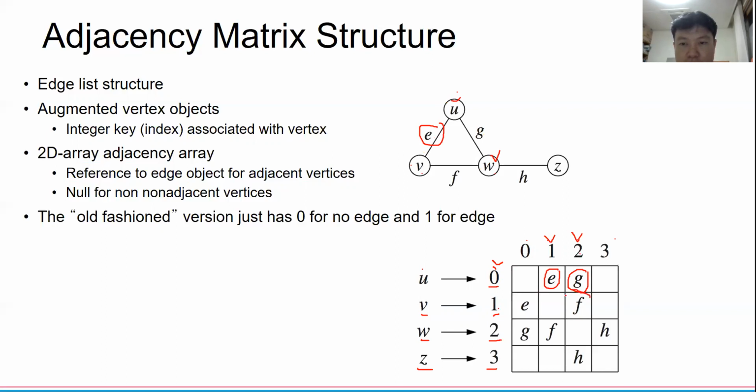We put F here. Because this is an undirected graph, you can put E in two cells: E here and E here. It is the same for the others, G and H. So it is a kind of matrix, and you can represent the graph in terms of a matrix.